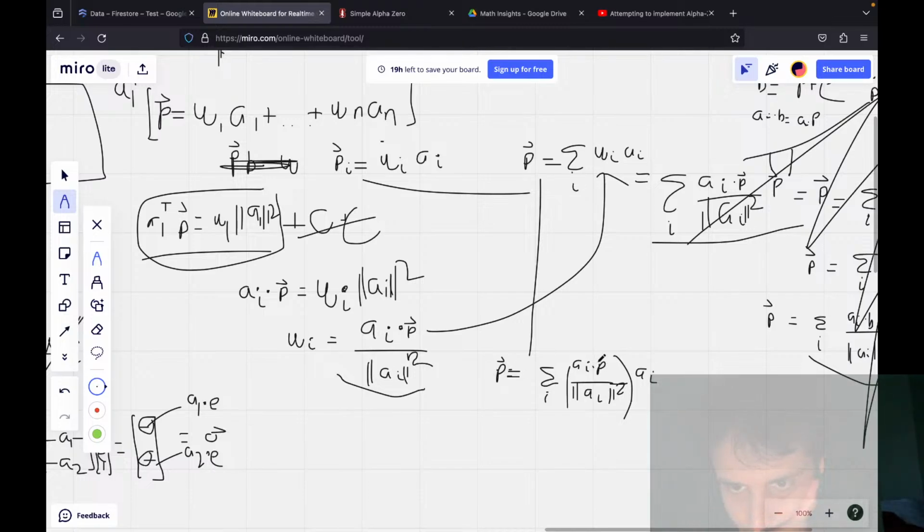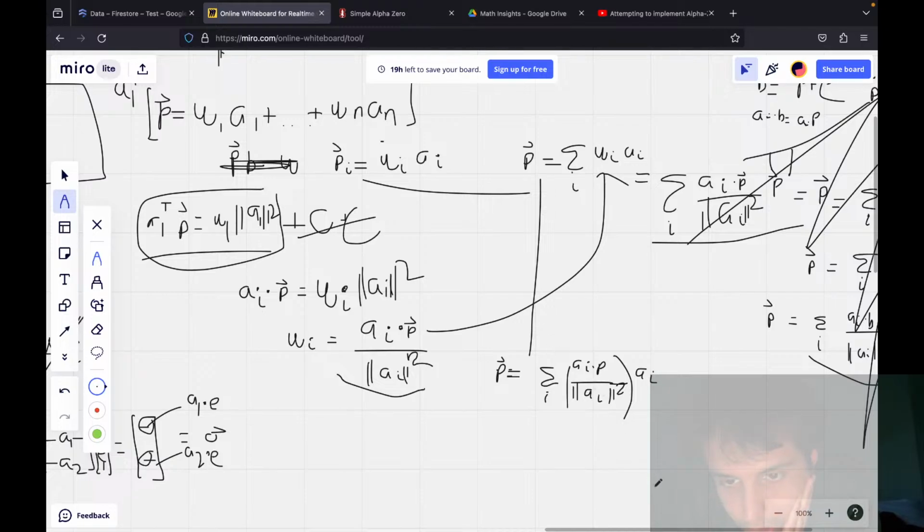Okay, so what does this mean? AI dot P gives you some information about P projected onto AI: the length of the projection of P onto AI, multiplied by the magnitude of AI, but then we're dividing by that twice.